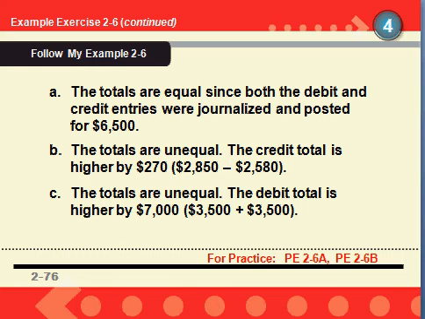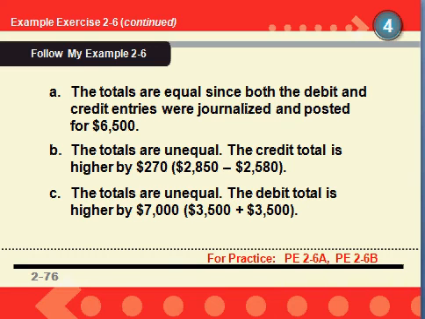We put a debit in of $2,850 and a credit in of $2,580. So we're going to be out of balance. Our trial balance is going to be out of balance by $270, and we know 270 is evenly divisible by 9 because we get an even 30 when we do that. So we know to look for a transposition error, and that's what took place in this case.